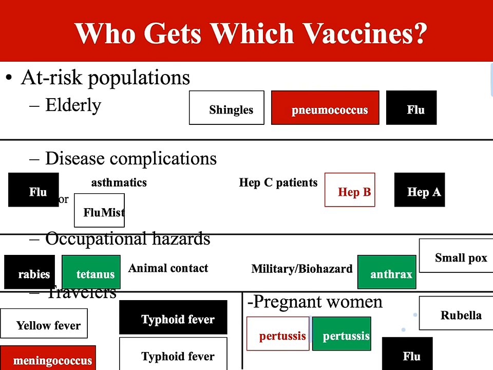It doesn't cause them any symptoms. However, if they transmit that infection to a newborn baby, that baby is very likely to become clinically symptomatic of pertussis, which is also known as whooping cough.